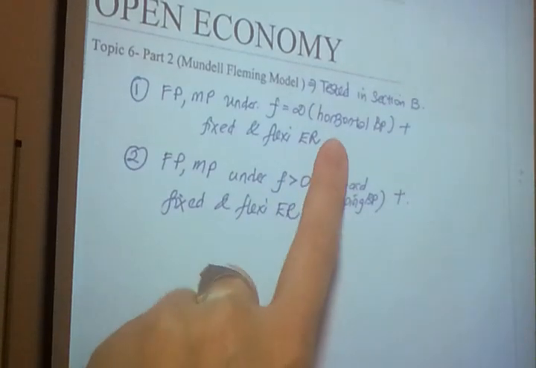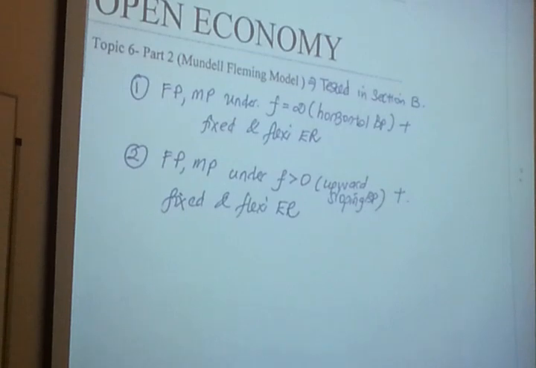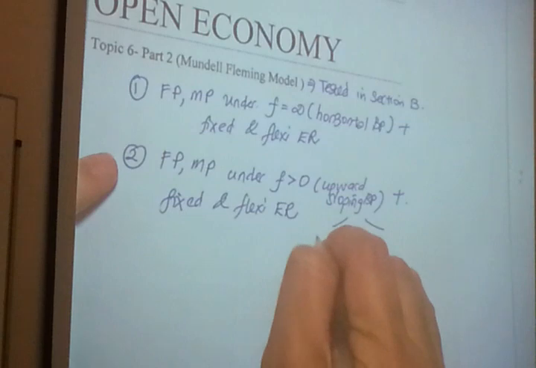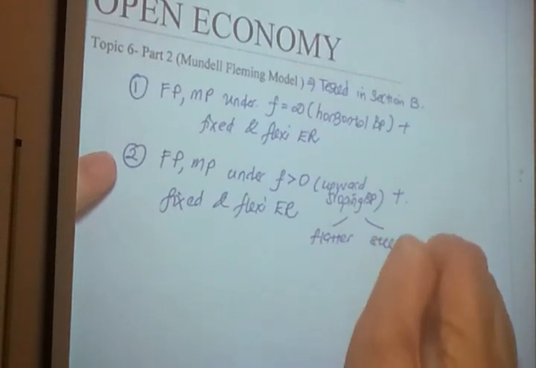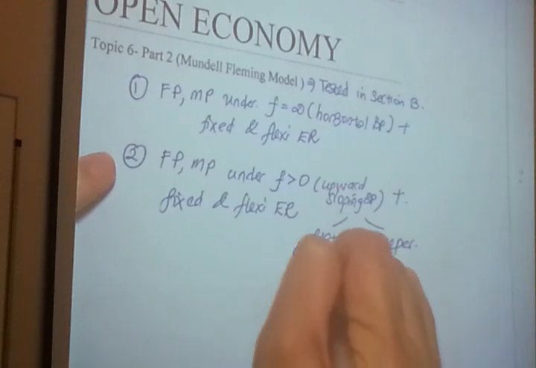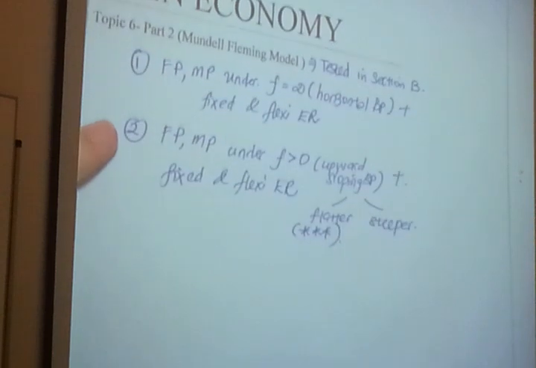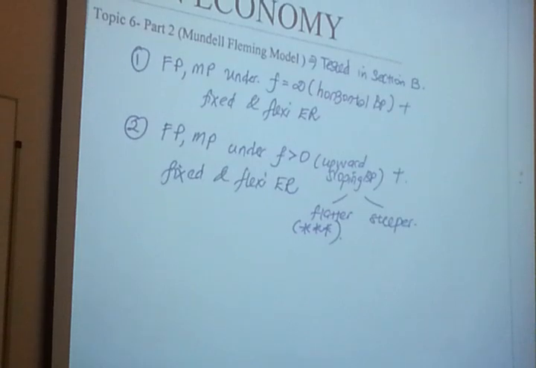Not like horizontal, where you just go back to the original interest rate. With upward sloping BP, you need to watch the BP account. And under upward sloping, there would be flatter and steeper. Focus on flatter BP. I will show you the steeper BP for concept purposes, but you are barely tested on it, and the model sometimes doesn't work at all. So that was the second area of focus.